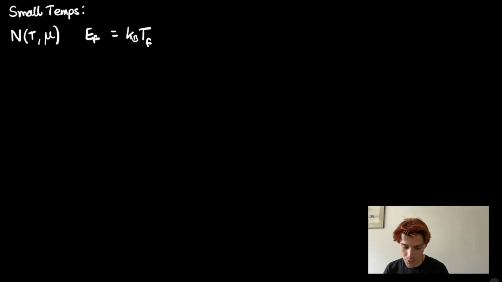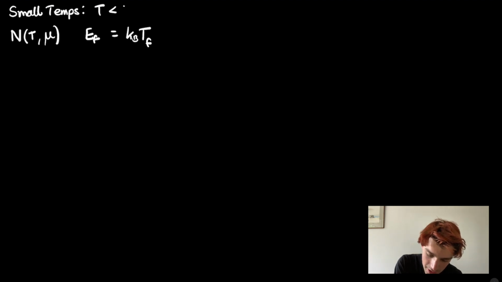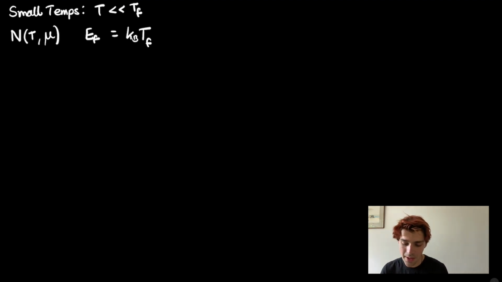And when I say small temperatures, what I actually mean is that the temperature is much, much less than the Fermi temperature right here. Now, this might seem like one of these things where you can only see these effects at absolute zero. But actually, most metals, even at room temperature, behave in this way.